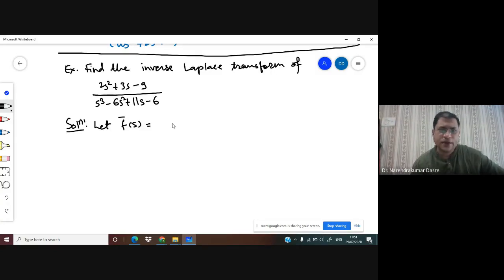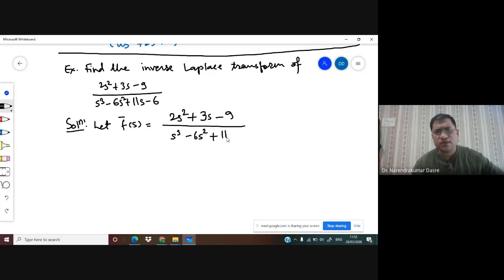So I want you to have the calculator with you. Please take your calculator; from now onwards, we'll need it for faster calculations. The expression is 2s square plus 3s minus 9 over s cube minus 6s square plus 11s minus 6.